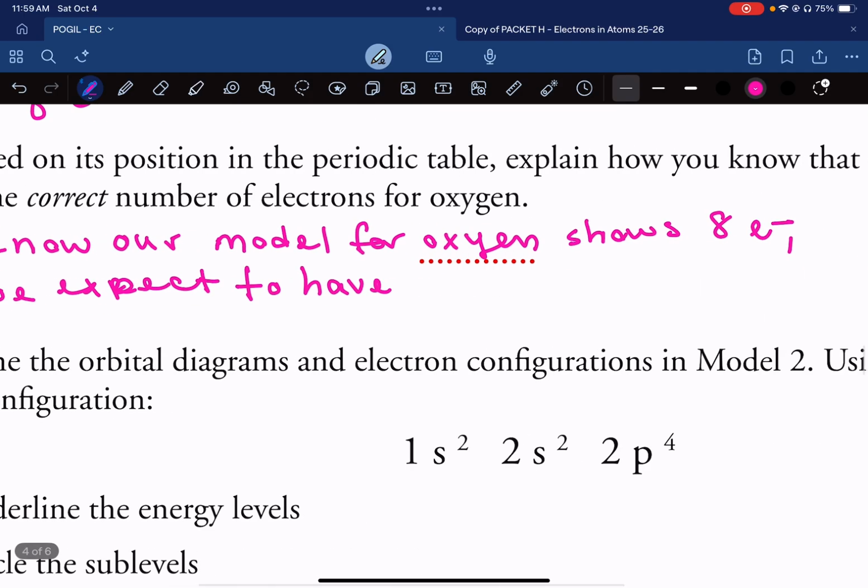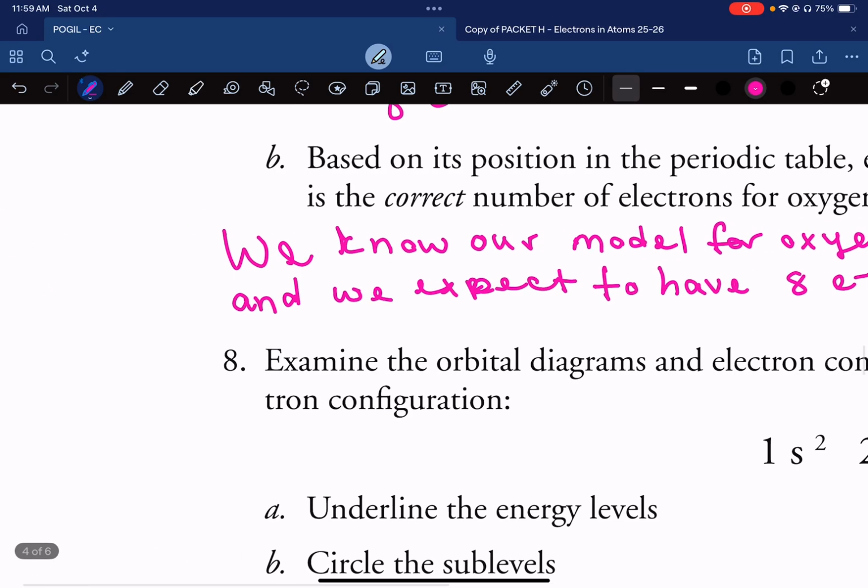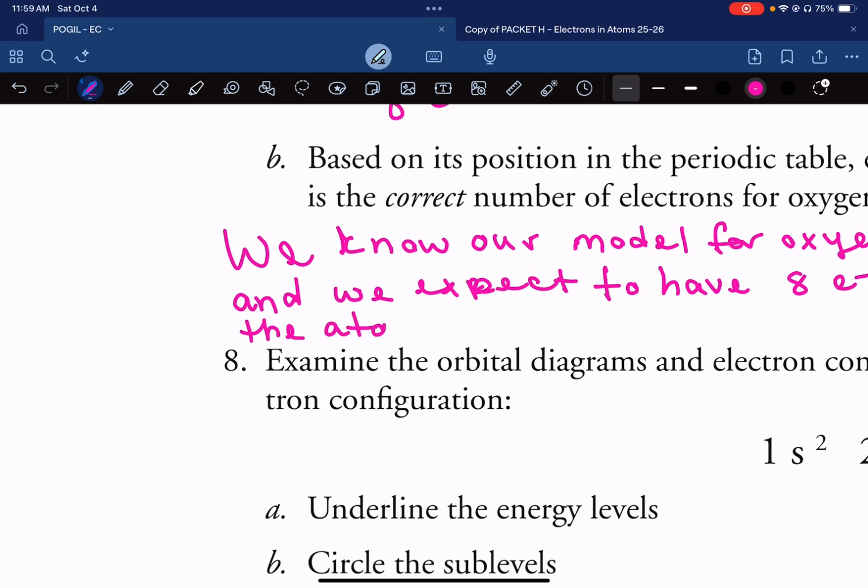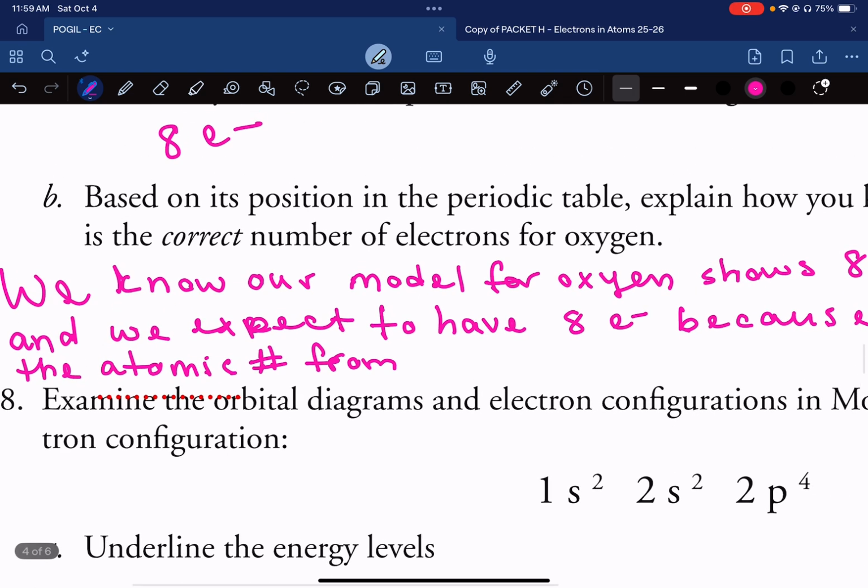We know, because we just said so, that our protons and our electrons are going to be equal if our atom is neutral. So yes, it does.